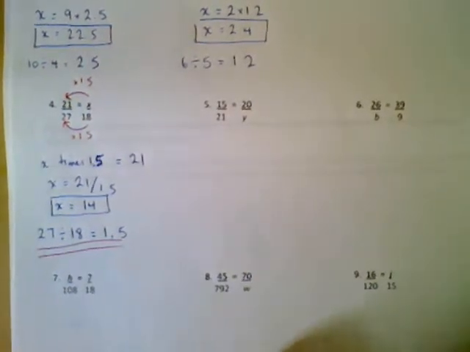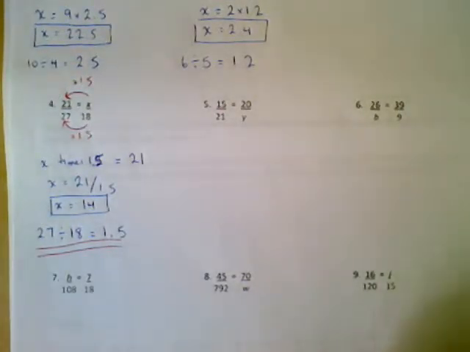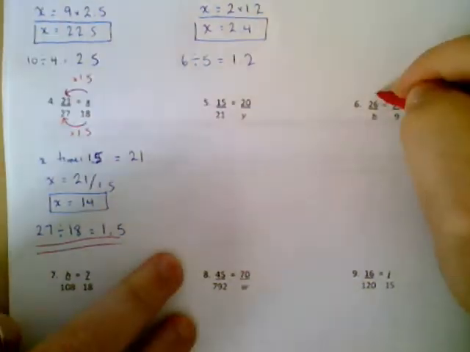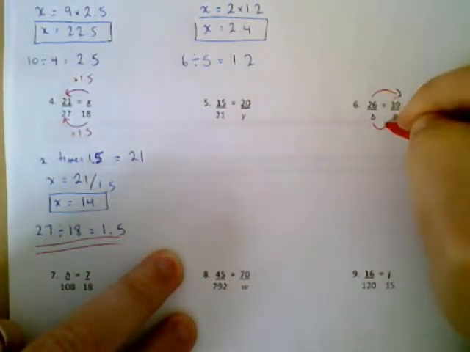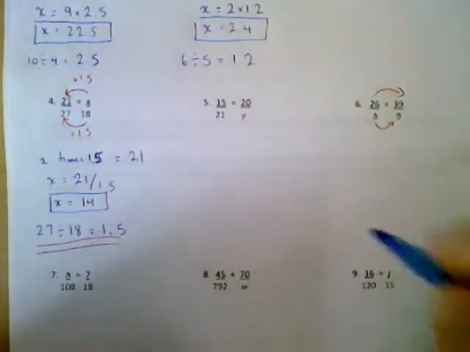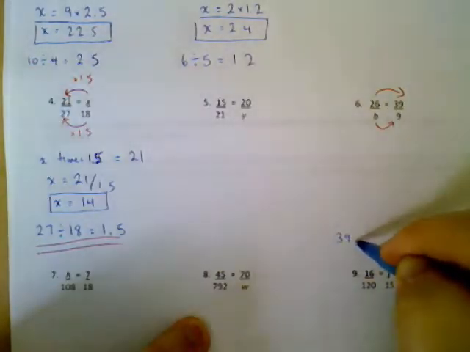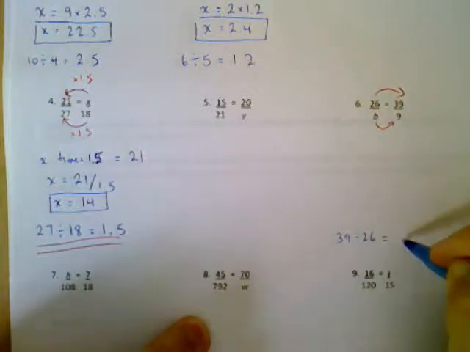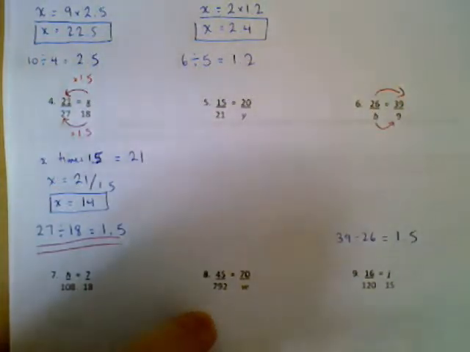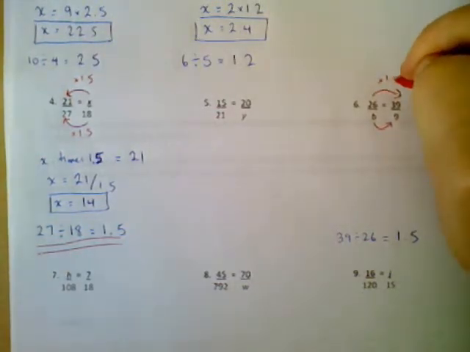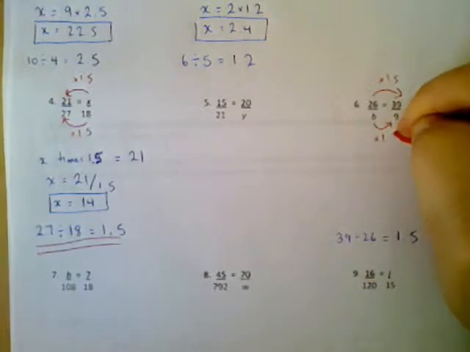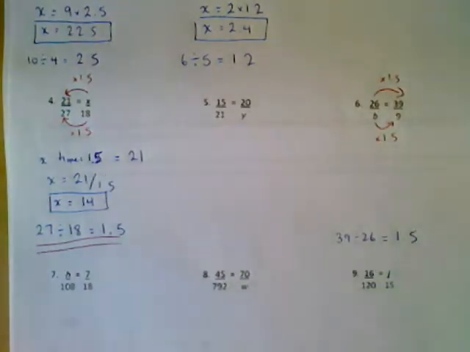All right, one last example. Hopefully you guys are kind of getting the idea. Number 6, let's do that one. What do we multiply 26 by to get 39? Well, to find out, let's do the division. Big number divided by small number. This one works out nicely, again, to 1.5, which means I multiply the tops by 1.5 to get the top, bottom by 1.5 to get the bottom.